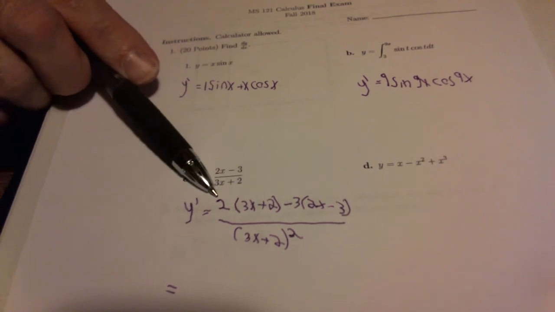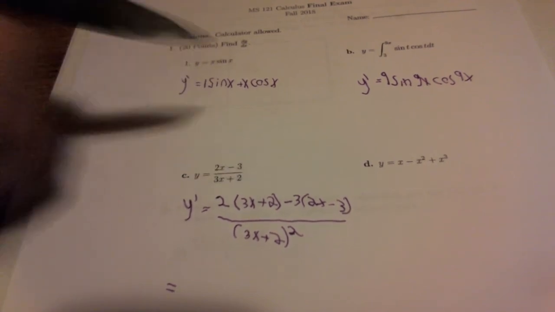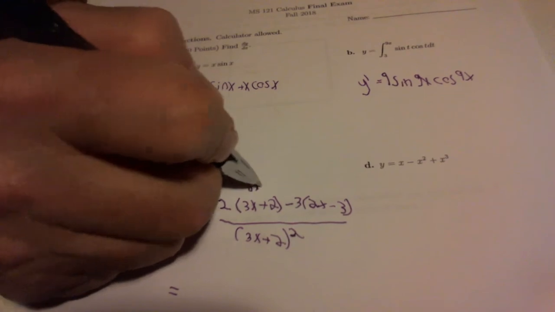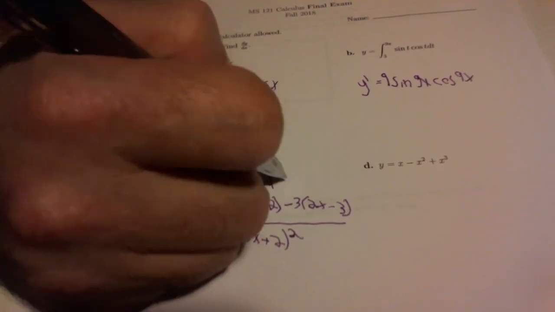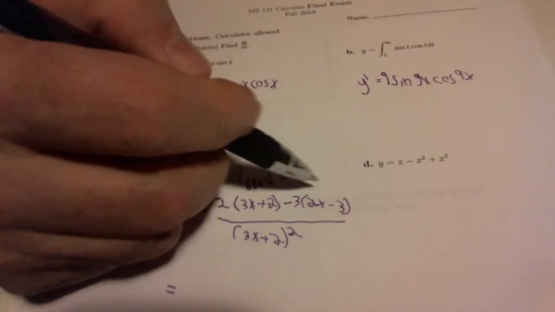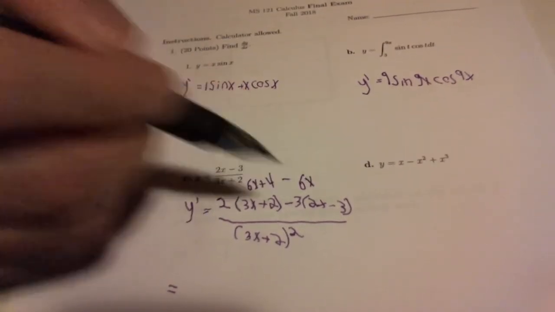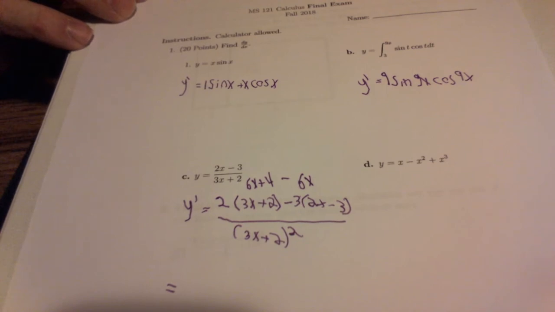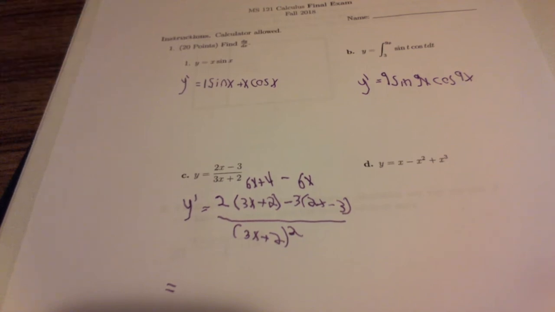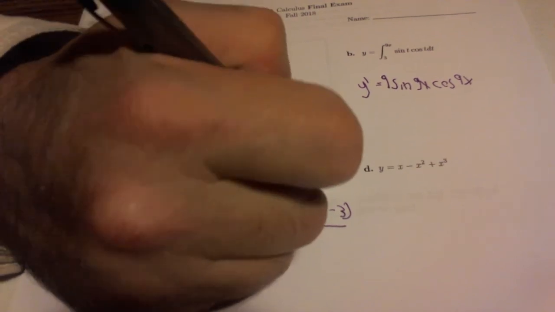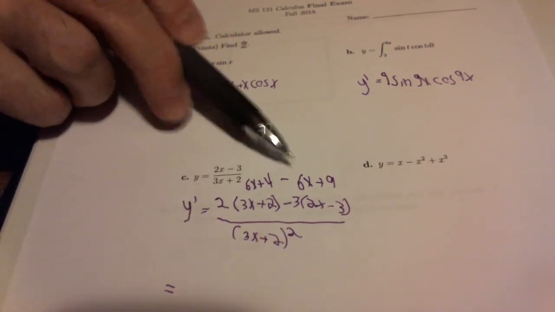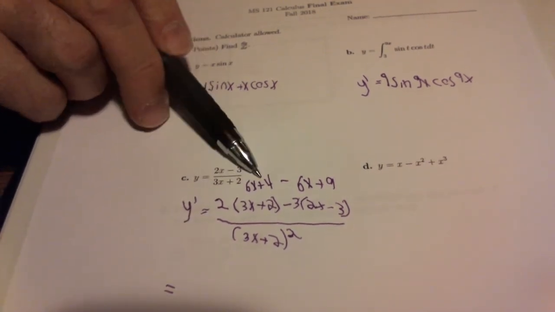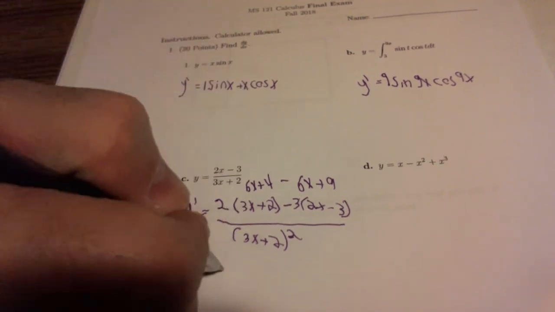The top becomes 6x plus 4 minus 6x. Is it going to be a plus 9 or a minus 9? What do we got here? Has to be a plus 9. And now we've got 6x minus 6x, which is 0. 4 minus 9 is negative 5.